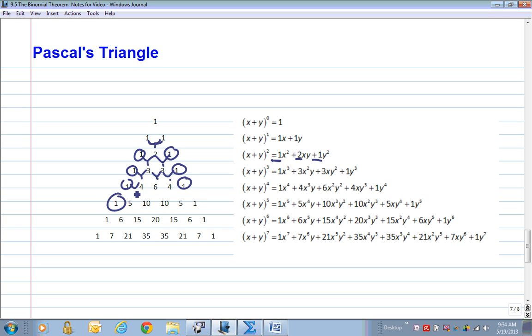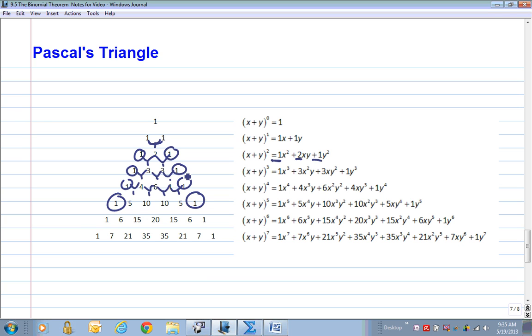Start with 1. 1 and 4 give 5, 4 and 6 give 10, 6 and 4 give 10, 4 and 1 give 5, 1. Etc. So the generation of this triangle is very easy. We're just adding the two numbers above it to get the results. It's a pretty easy thing, and it does lead us to our coefficients for our binomial expansion.